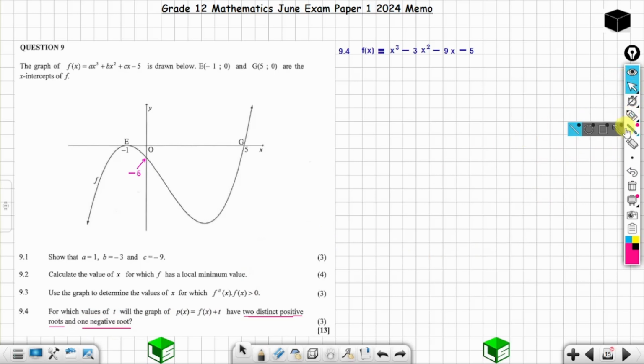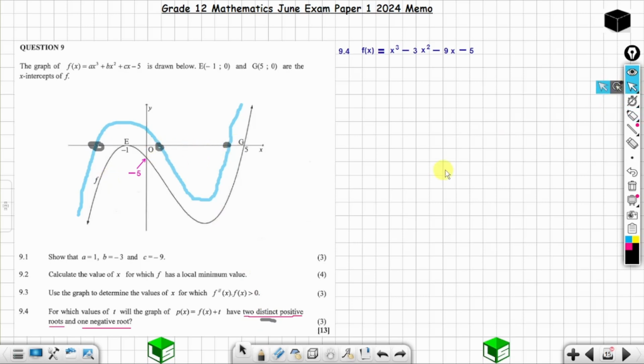So, they want you to have a graph like this. You are going to have one negative root and two distinct positive roots. Distinct means different.